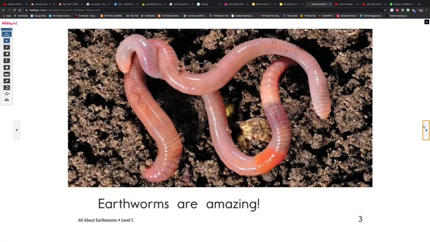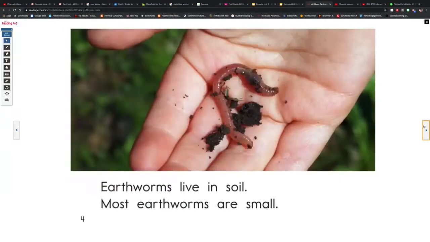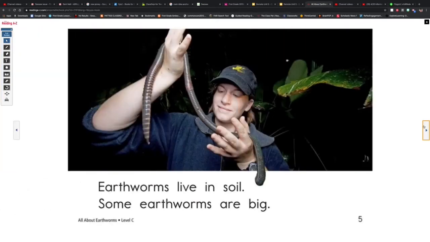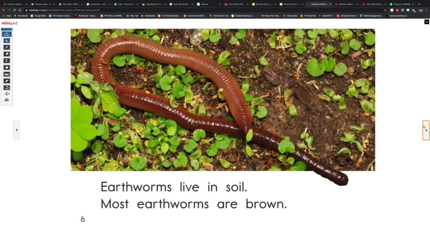Earthworms are amazing. Earthworms live in soil. Most earthworms are small. Some earthworms are big. Most earthworms are brown.